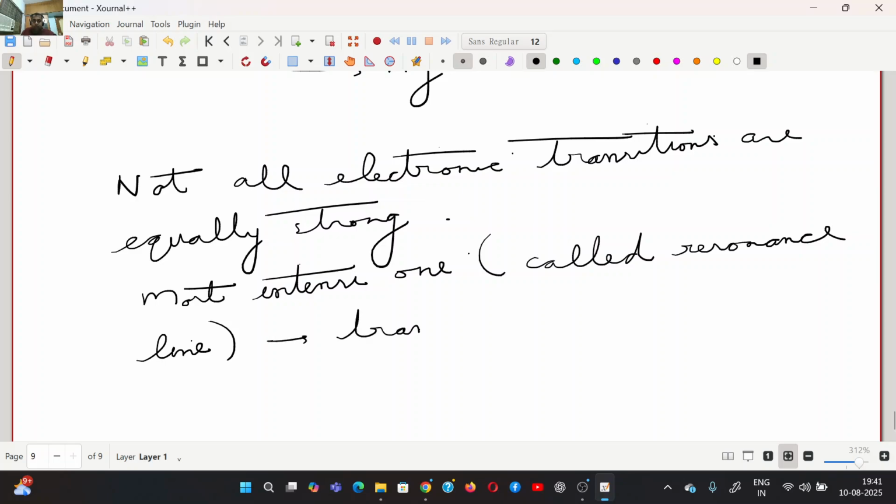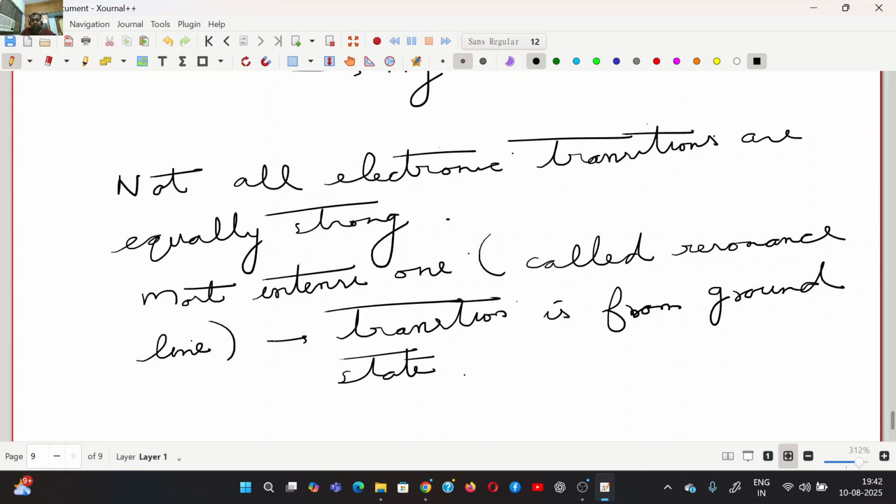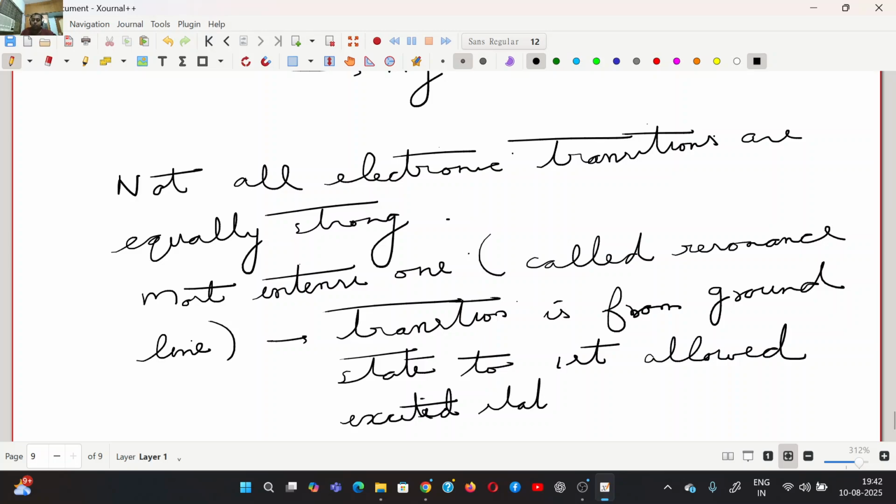Here the transition is from ground state to first allowed excited state. That's the most intense, strongest transition. It's called resonance line.